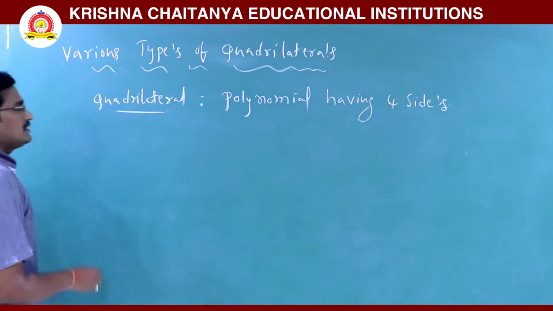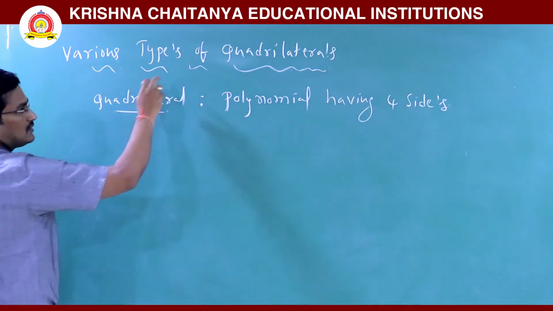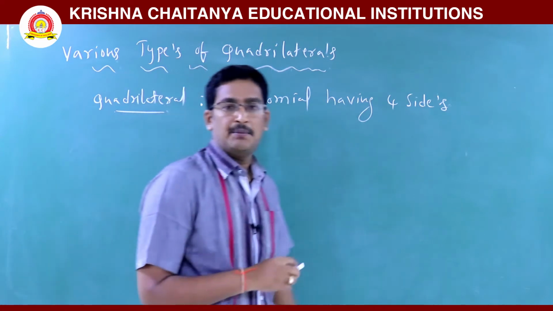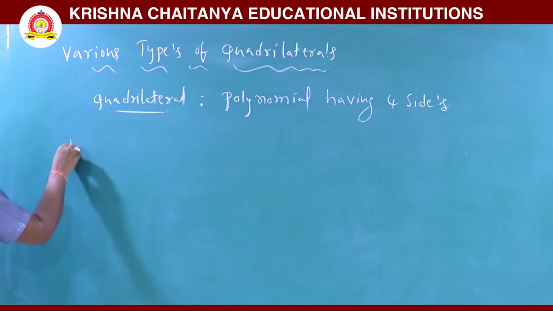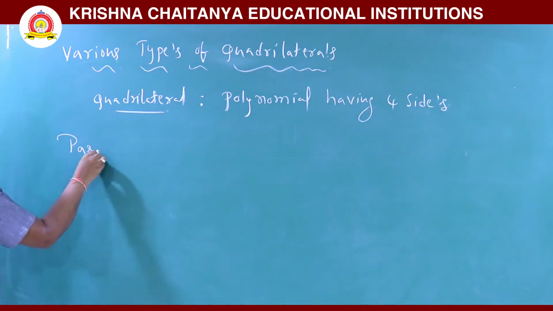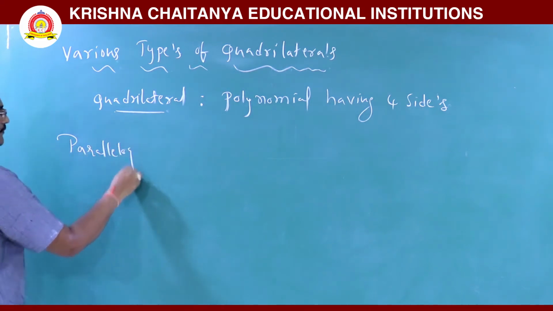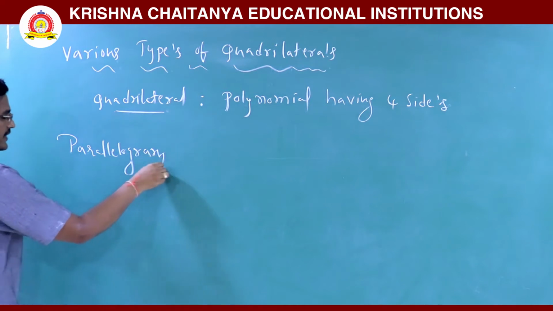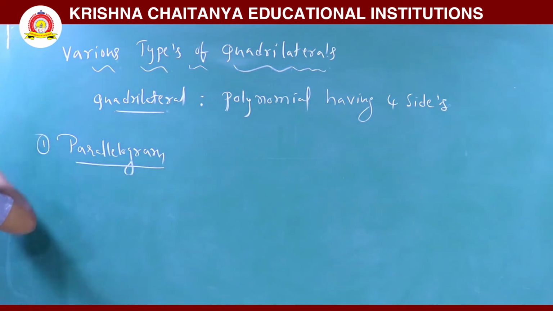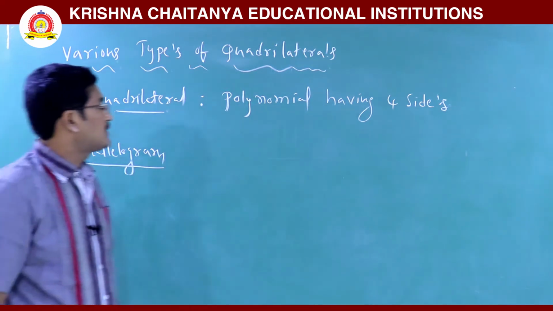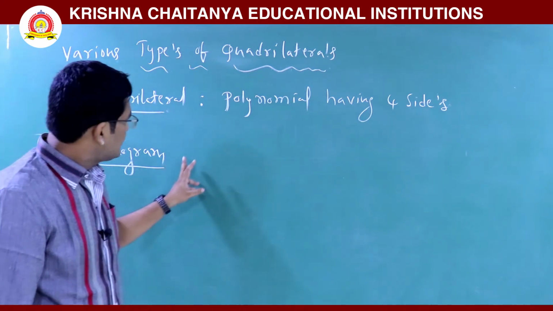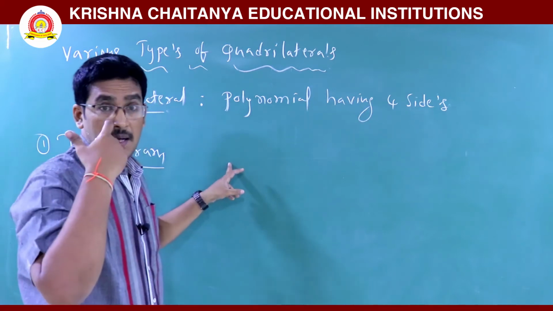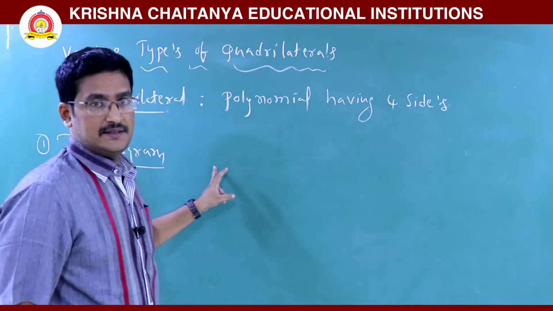Okay, in this one, first you have to discuss about the first type of quadrilateral, which is a parallelogram. This is the first variety. What is a parallelogram? This is a quadrilateral with opposite parallel sides.